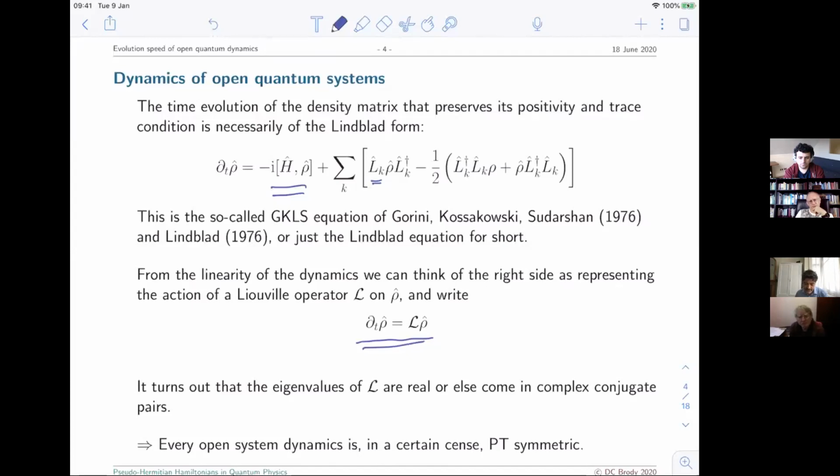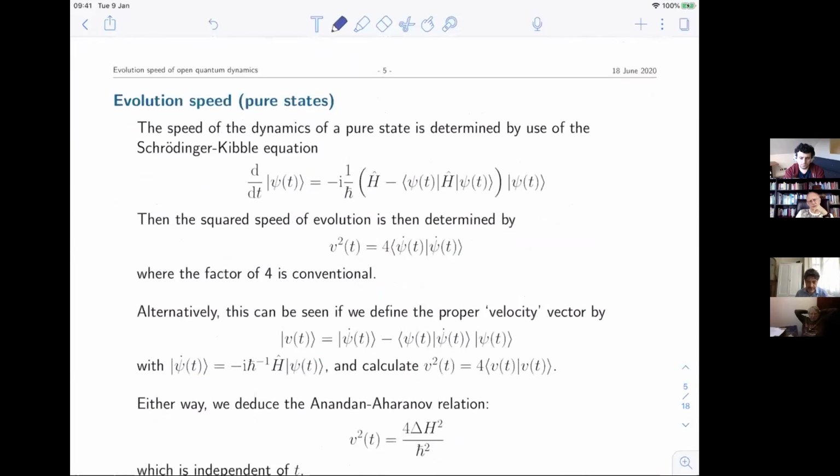But it turns out that the eigenvalues of the Liouville operator, which people in quantum information sometimes call the super operator, come either as real numbers or else in complex conjugate pairs. And therefore, in fact, every open quantum dynamics is, in a certain refined sense, PT symmetric. That's something some people have known for several years now.